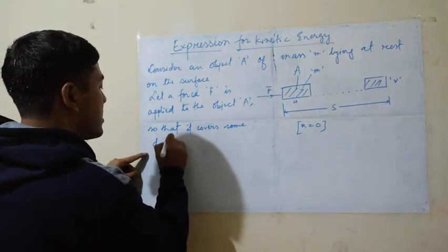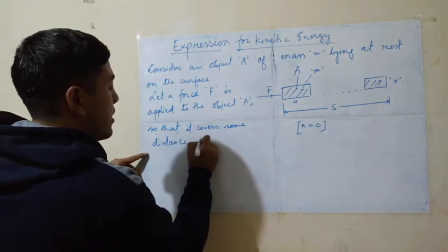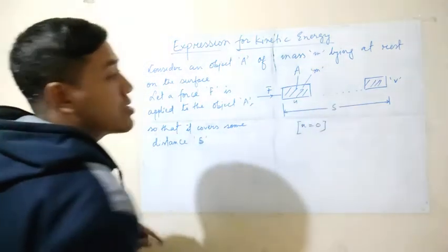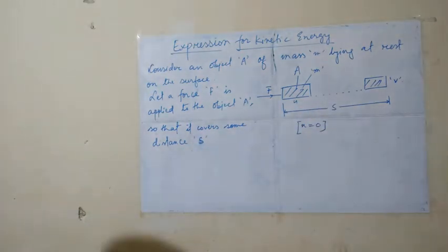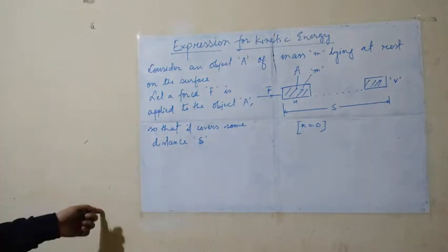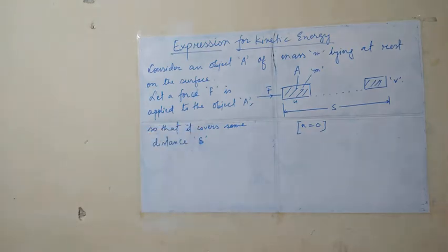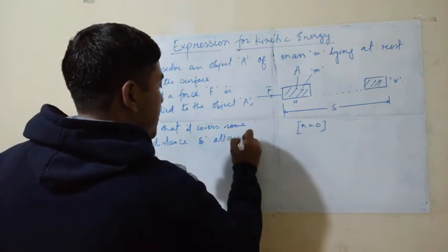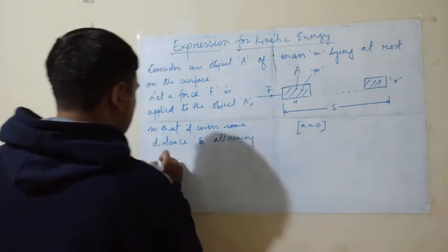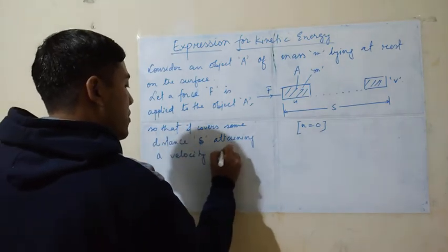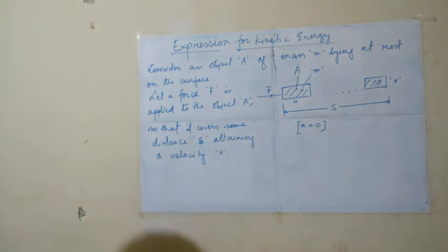How much distance does it cover? S. S is the distance covered by this object A, and it attains a velocity v.